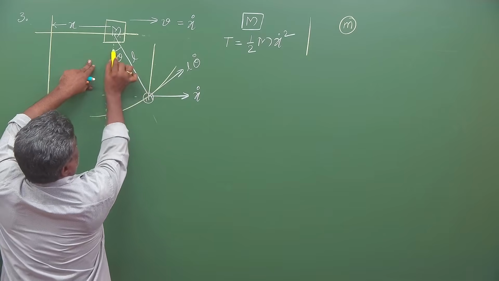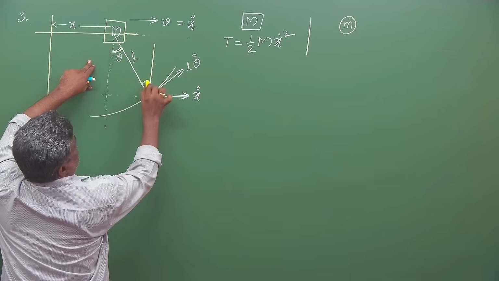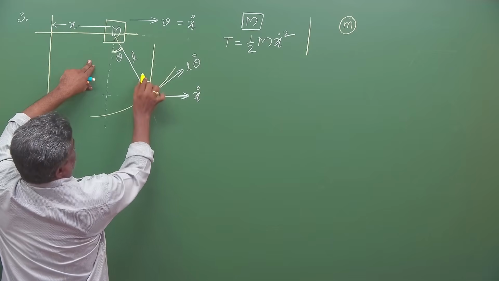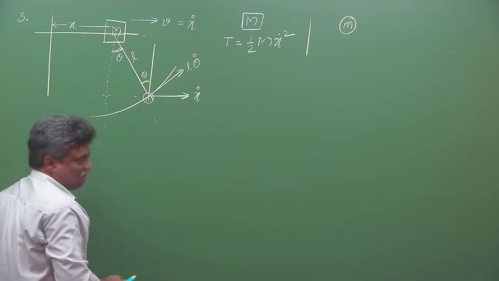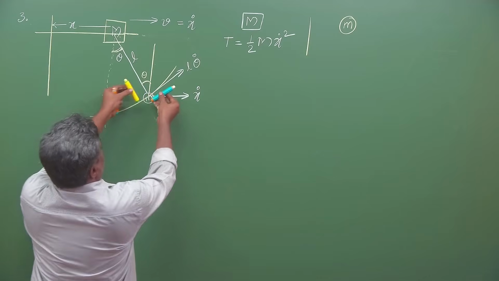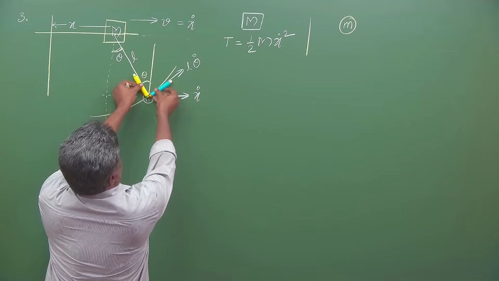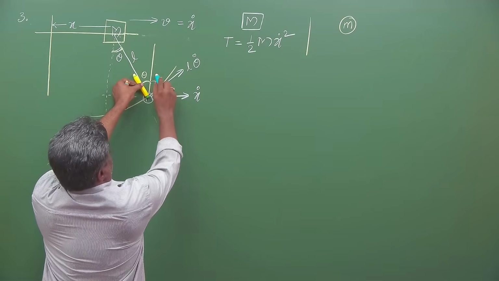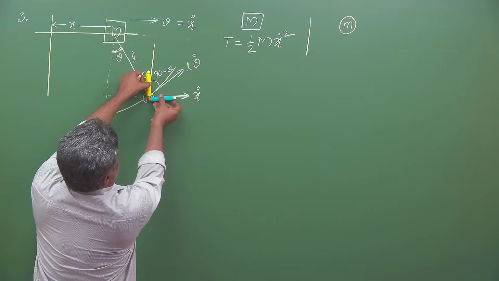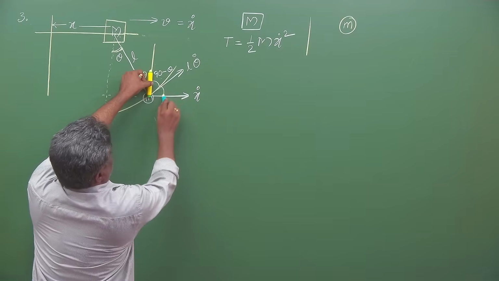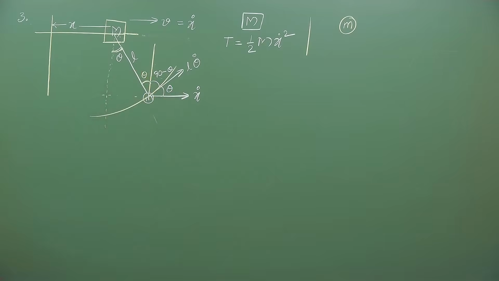Then if this is the angle theta, is it an alternate angle? That's also fine, but we don't want that. If this is theta, and this is 90 minus theta, got it?